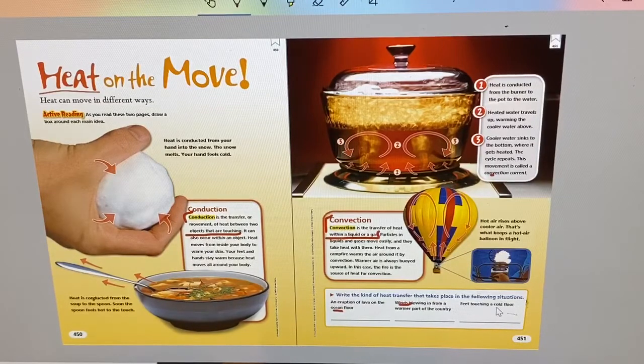Feet touching a cold floor, two touching things together, definitely it's conduction. Yes, this is not too much. I'm sure that you are awesome enough to learn the difference between them.